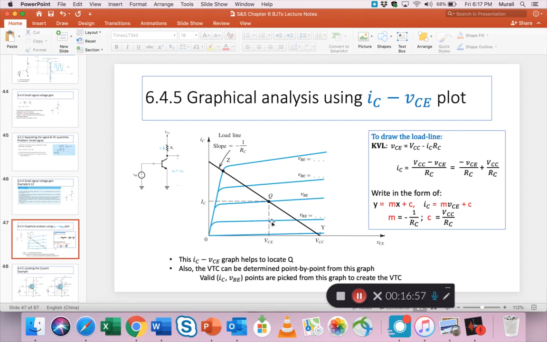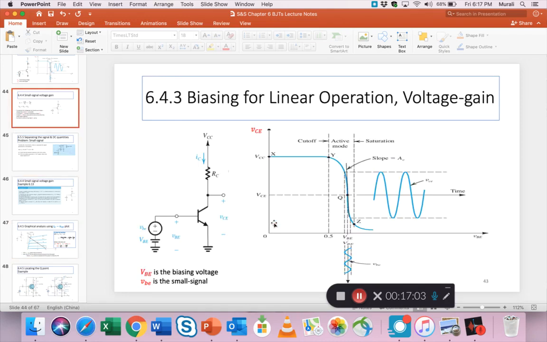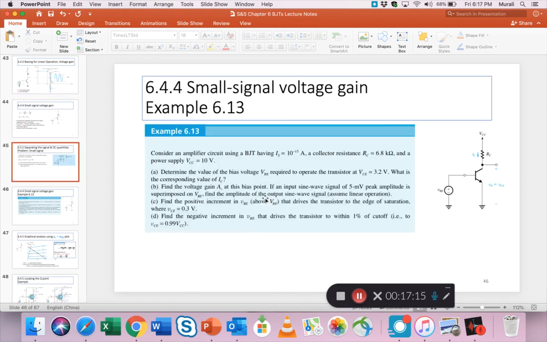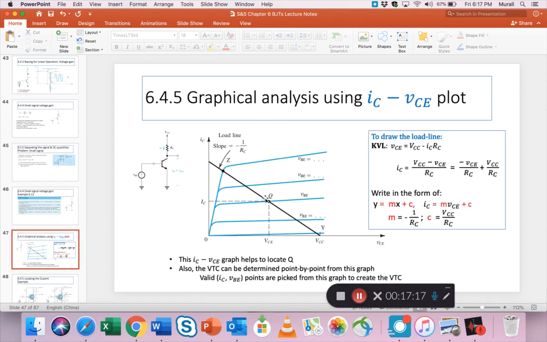Okay, so you can take these values and then transfer them, going back to the VTC. You can put these VBE and VCE combinations and thus plot that other curve. Okay, so that's what this is supposed to do.